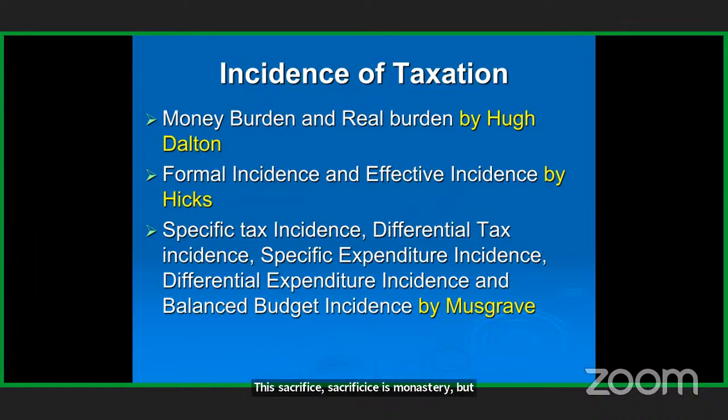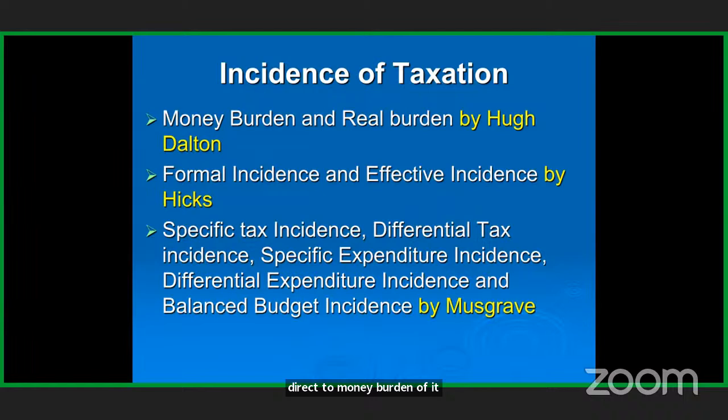And Hicks also classified the incidence of taxation into two types: formal incidence and effective incidence. According to Hicks, formal incidence refers to the direct money burden of a tax.